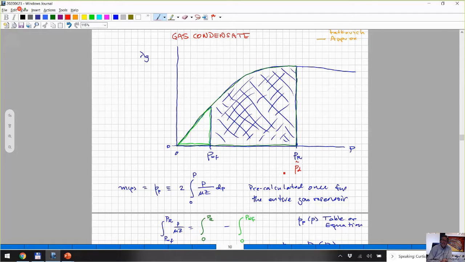Okay? Or let's just say that this is the dew point pressure of a gas condensate.